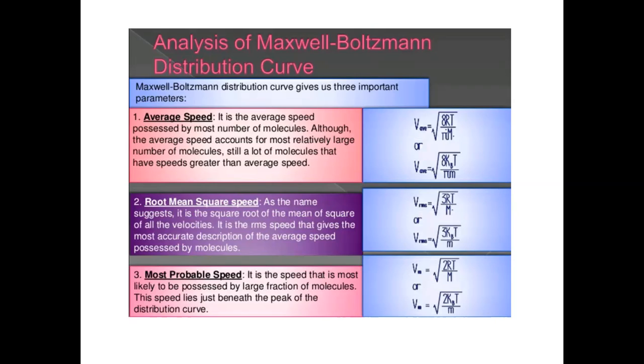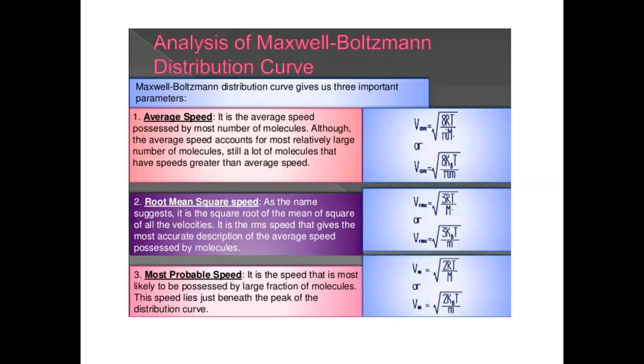And root mean square speed, as the name suggests, is the square root of the mean of the squares of the speeds of different molecules in a gas at a given temperature, as shown by the formula: root mean square speed is equal to under root 3PV upon M. Here P is the pressure, V is the volume, and M is the molecular mass.